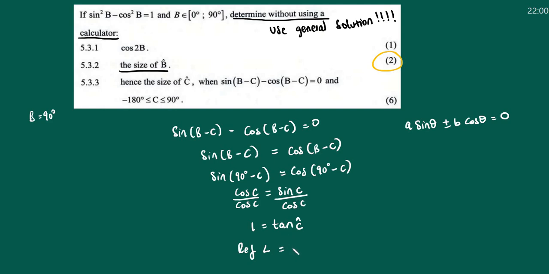Let me just say you can just write tan inverse of 1, but essentially you can use the functions, right? I'm saying you can try to use even a calculator there just for the reference angle. We do know that at 90, I think tan gives us an error on 90, is it? I think tan 90 is an error.